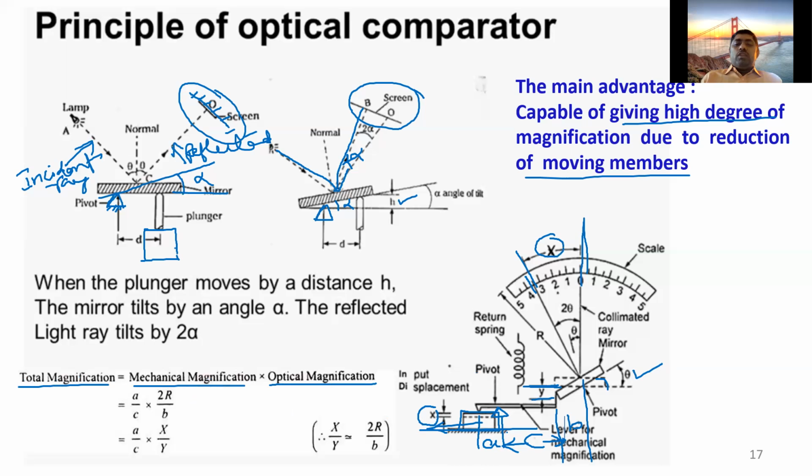So the mechanical magnification is, this is C and this is A, right?